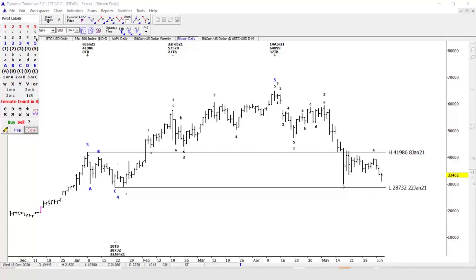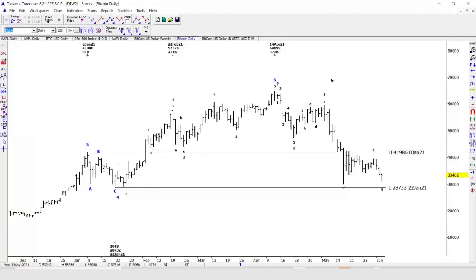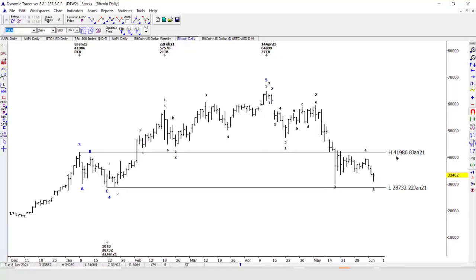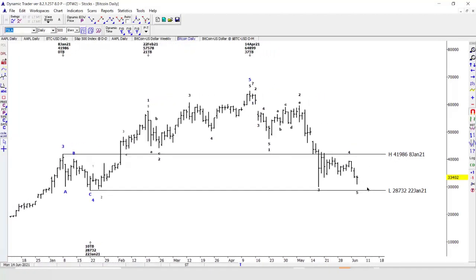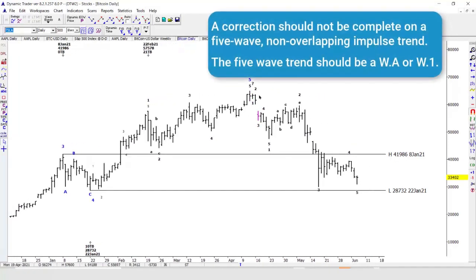So tell me, if this is a 5-wave decline, let me put that in. It hasn't signaled that it's complete yet. But as of this point in time, whenever this bottom is made, should this be the end of a correction? Should it be a complete correction?